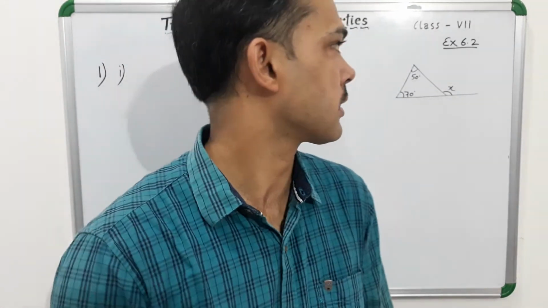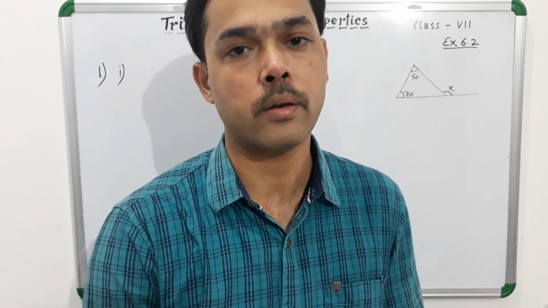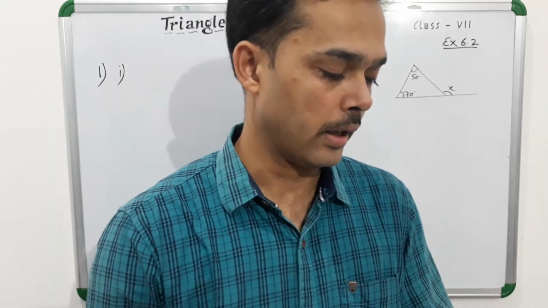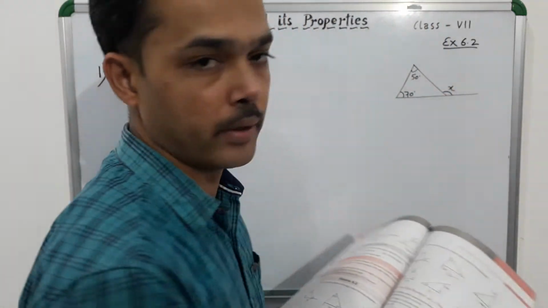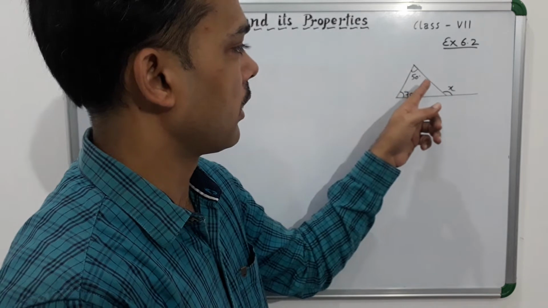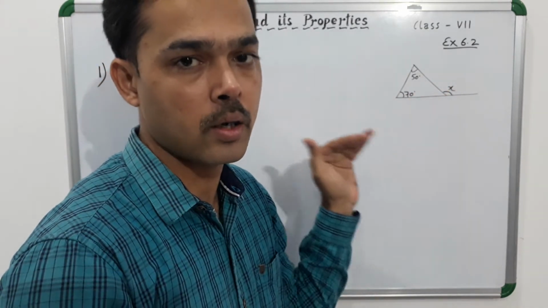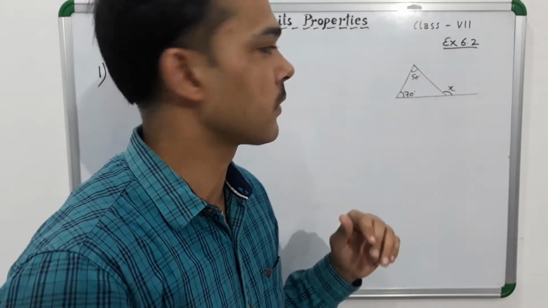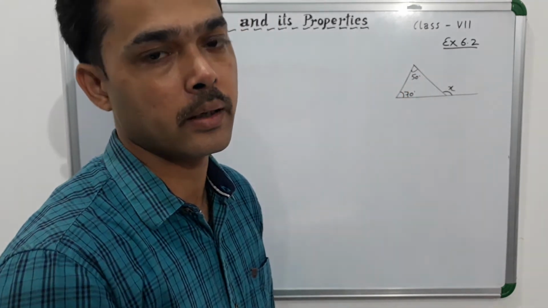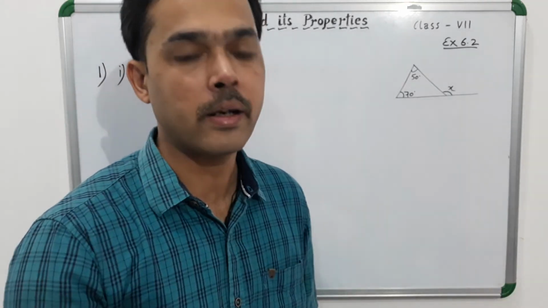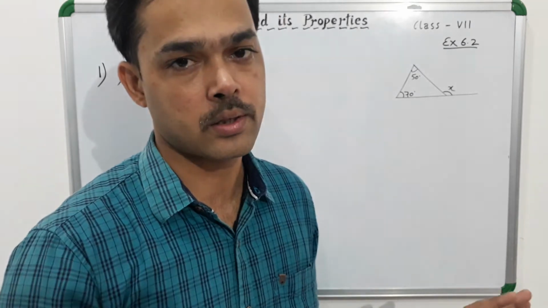In exercise 6.2, let us do question number 1, first part. The figure is given. This is the exterior angle, about which I already discussed in the previous video, and these are the opposite interior angles. Here we have to find the unknown exterior angle, that is x.